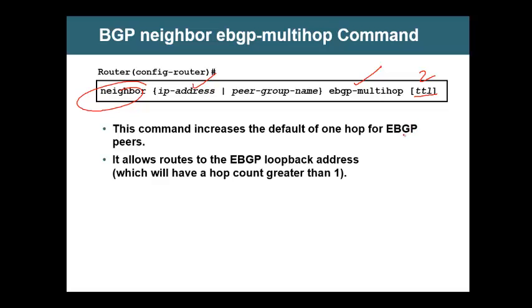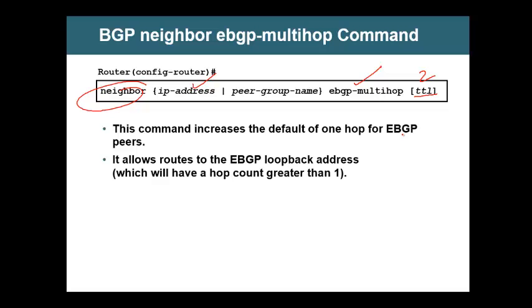Just now I learned that it is good to have one hop for security. Then why are we learning here to increase the TTL value?